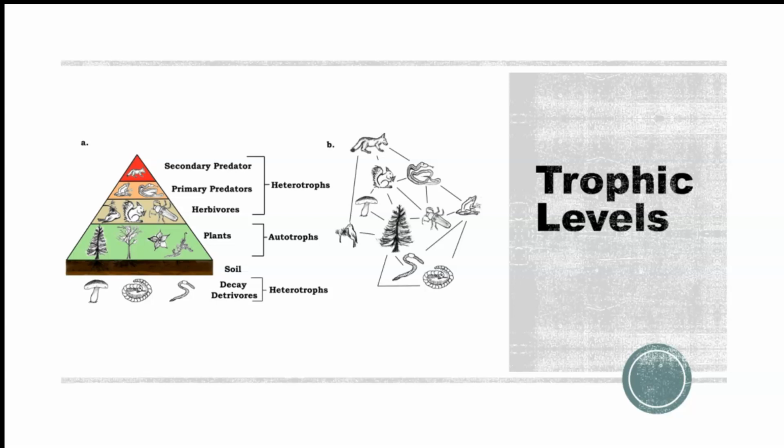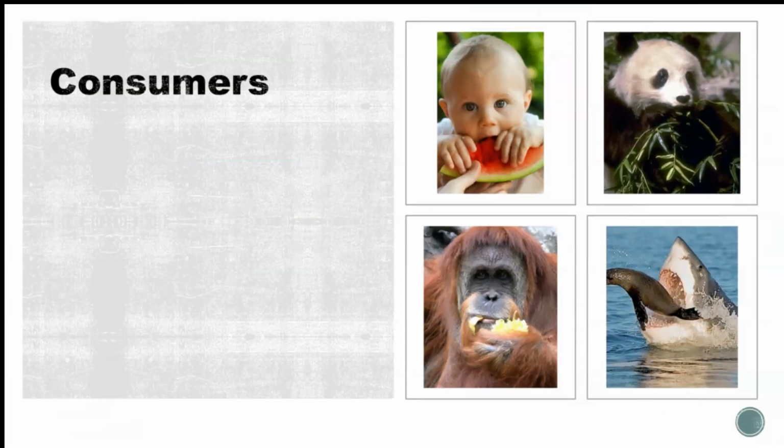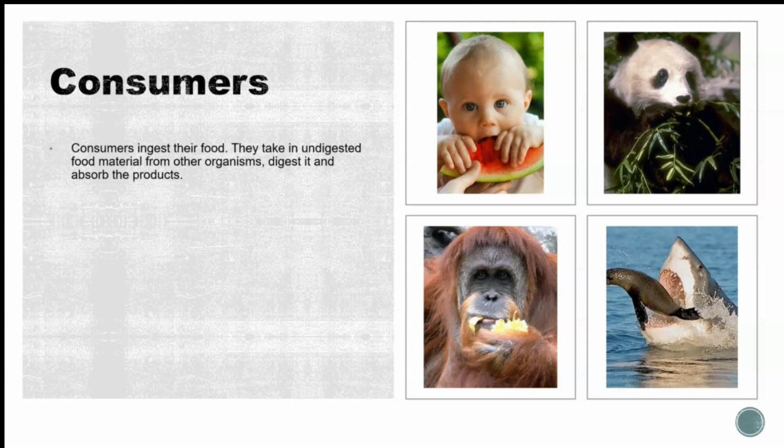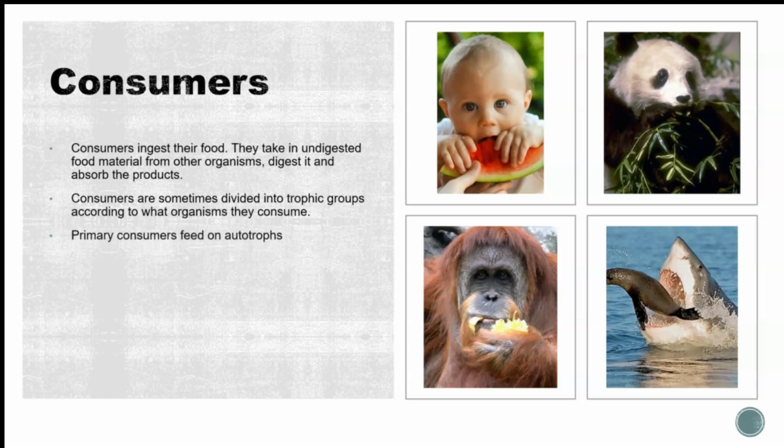Alrighty, so we've said there's these different nutrition types. Now, I'm going to introduce you to this whole concept of trophic levels. We've talked about consumers. Okay, so consumers ingest their food, they take in organic material from other organisms, digest it, absorb those nutrients. Consumers are sometimes divided into trophic groups, okay, according to what organisms they eat.